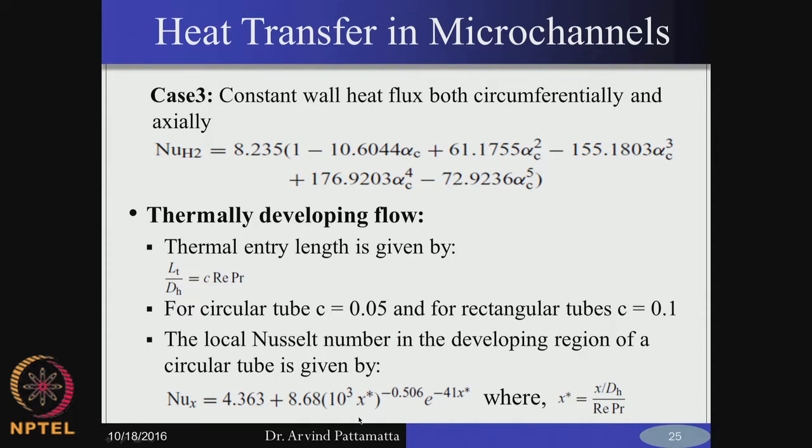If you put your x star to infinity, okay, so, if you have very large values of x star, what happens? So, this second term would go to 0, okay. Then it goes to the Nusselt number for a fully developed region, that is a constant value close to 4.36. Okay. This is for the circular tube.